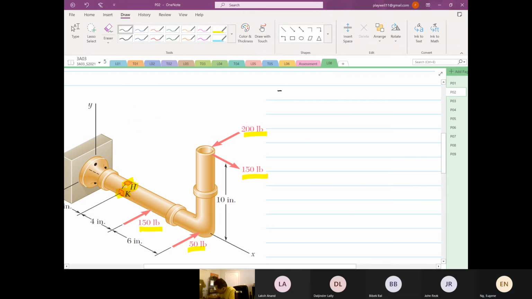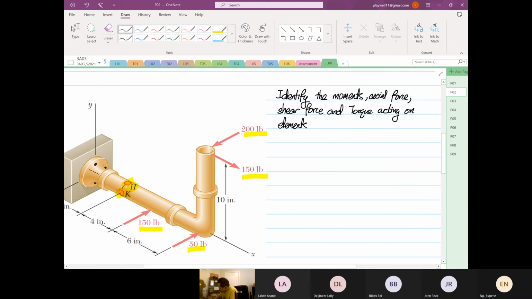the moments, the axial force, shear force, and torque acting on elements H or K. Okay, why do we need to find what the stresses and torque acting on the elements are?